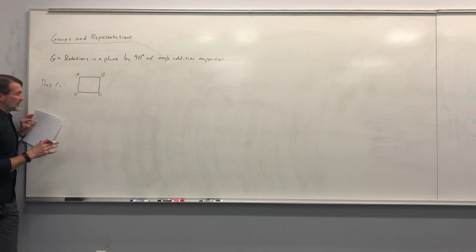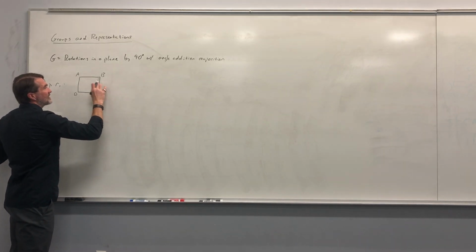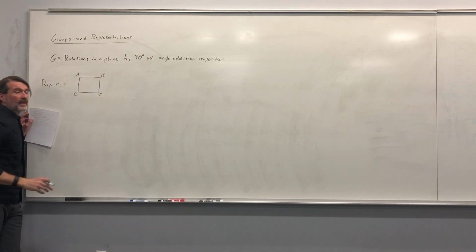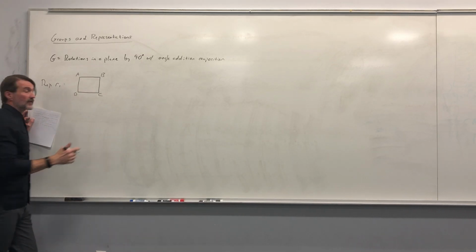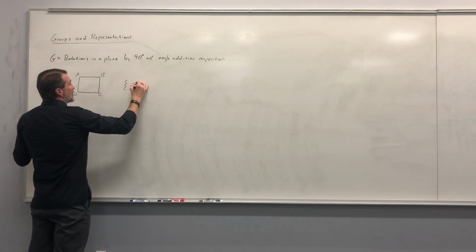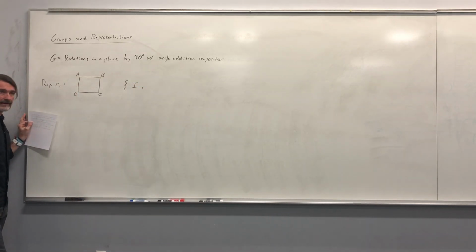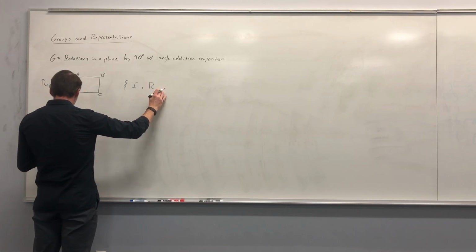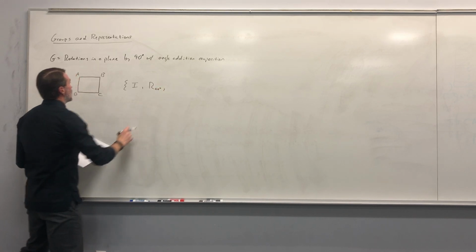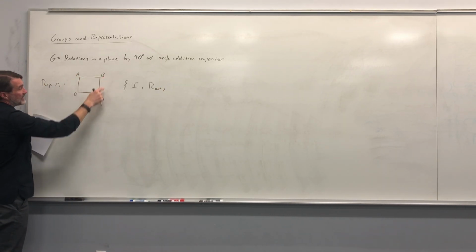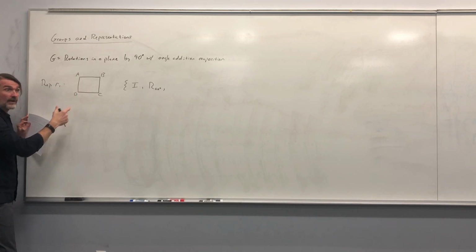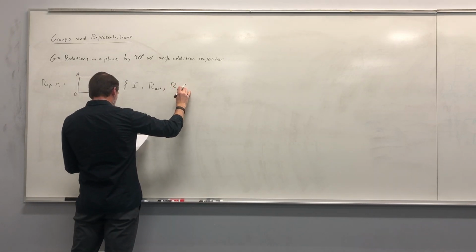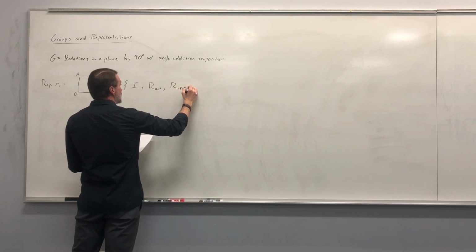And now what I want you to notice is that if I take this object and I rotate it by the elements of this group, I will get a different result for each element of the group. So in this case, I'm going to have, first of all, not doing anything. That's the identity element. Then I can talk about a rotation by 90 degrees. That's going to, of course, take A to B, B to C, C to D, and D to A. That will look different. Or I can rotate it by 180 degrees.